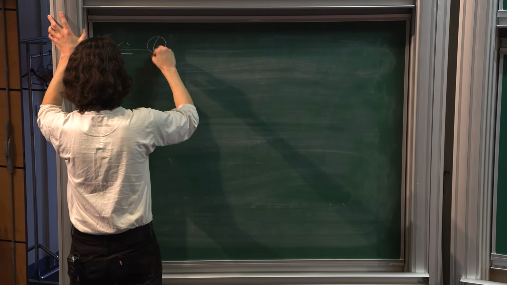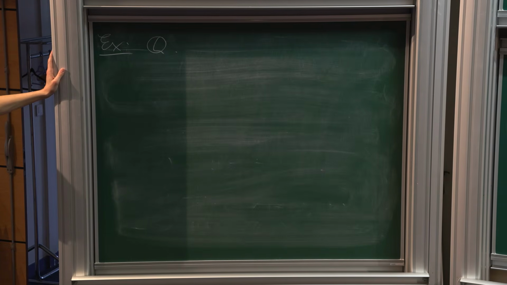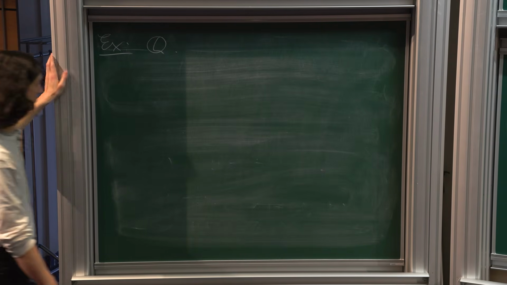Let's actually look at Q. This is our primary example, the class formation for the rational numbers Q.